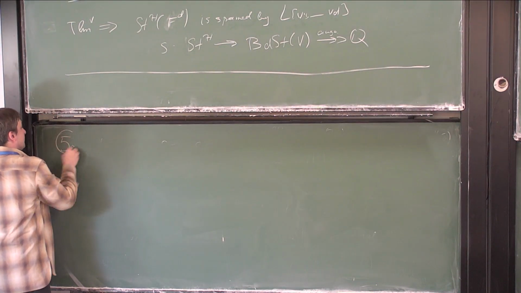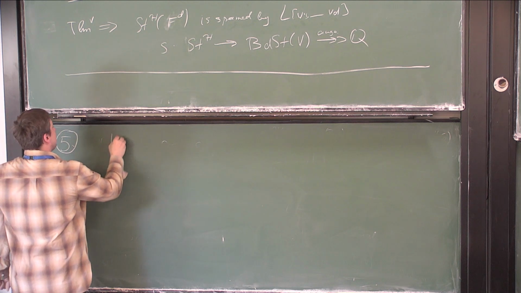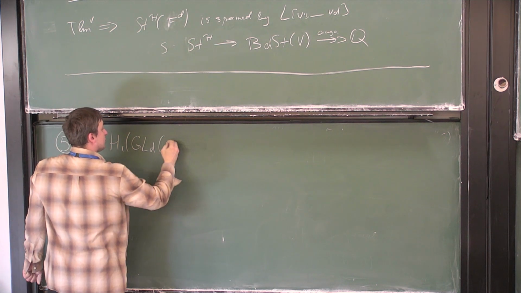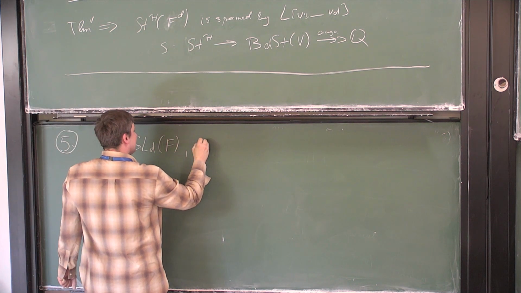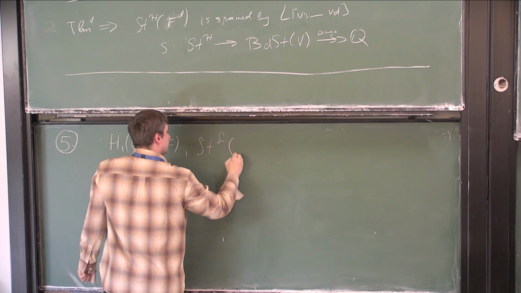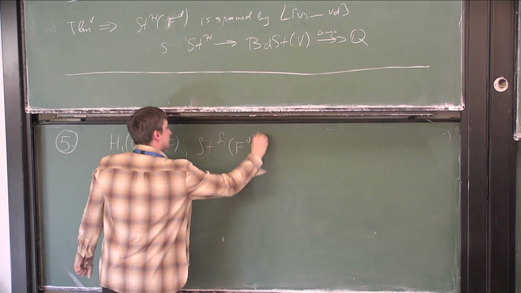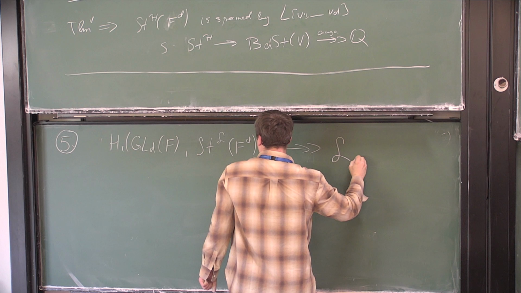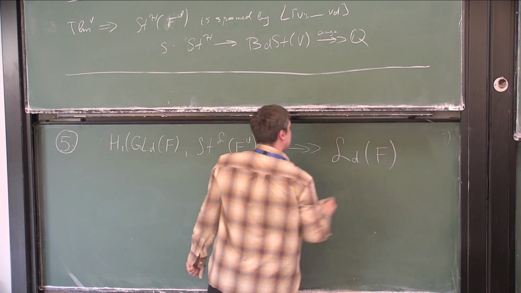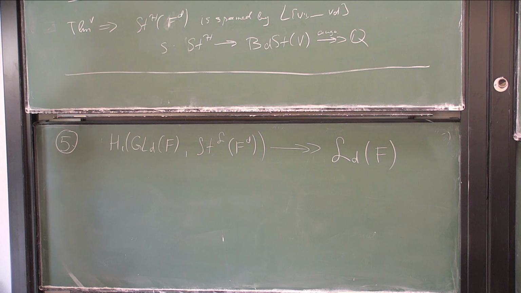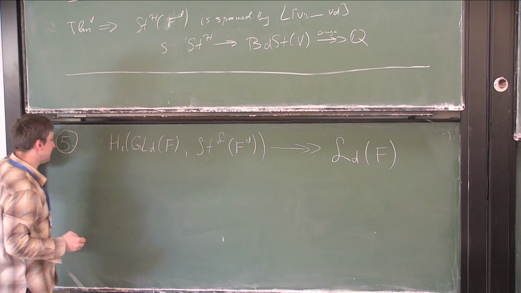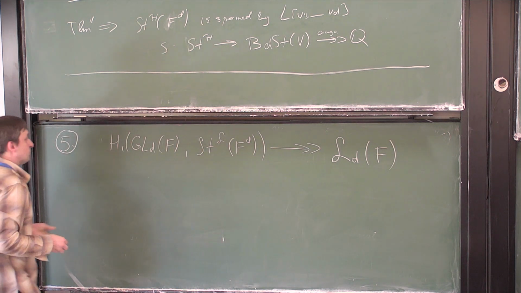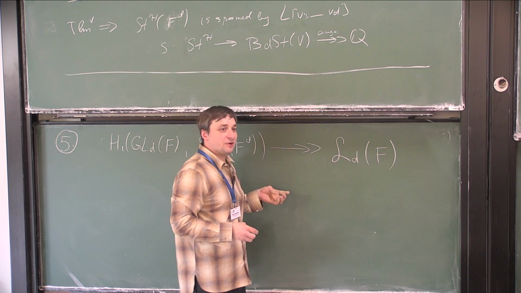So what you get is a map from H_1(GL_d(F)) with coefficients now in Steinberg L of F^d. So you get a surjective map, which is a lot more interesting than the previous thing. This space is actually huge, and not only that, it maps to what we think is the motivic Lie algebra.